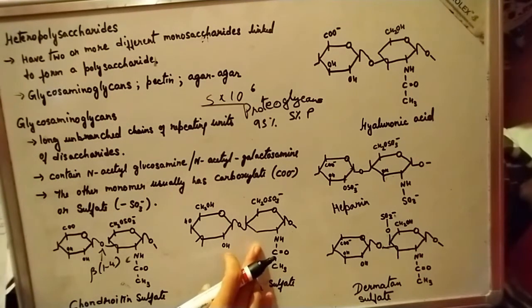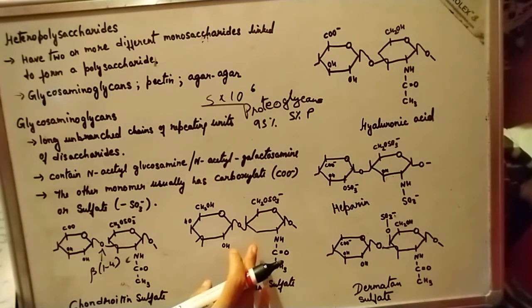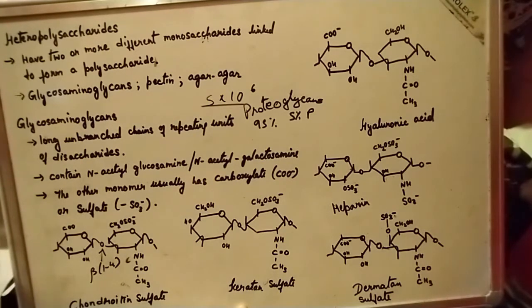And these units are linked by 1,3 linkage, beta-D-galactose. So this keratan sulfate keeps the cornea transparent. The function of this saccharide is keeping the cornea transparent.